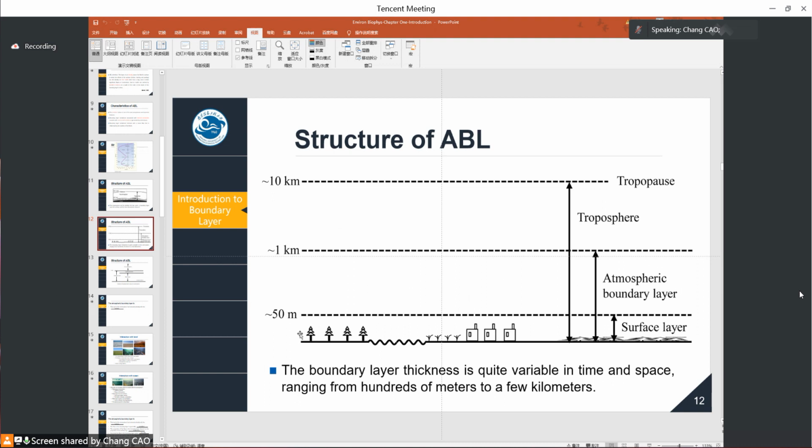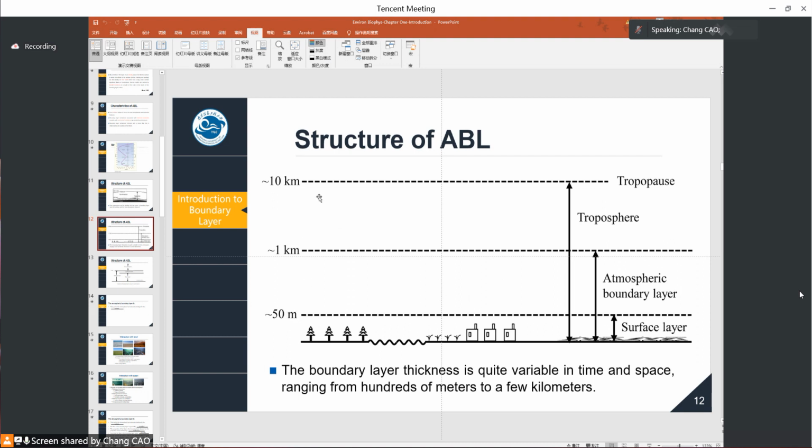Okay, so we have the surface, and generally the atmospheric boundary layer is about 1 kilometer. This is called the atmospheric boundary layer. Then we have the free atmosphere, and the whole part from the surface to about 10 kilometers we call the troposphere.